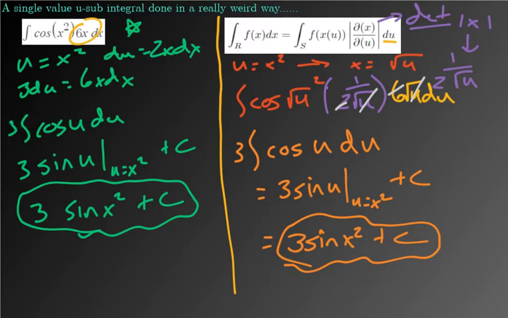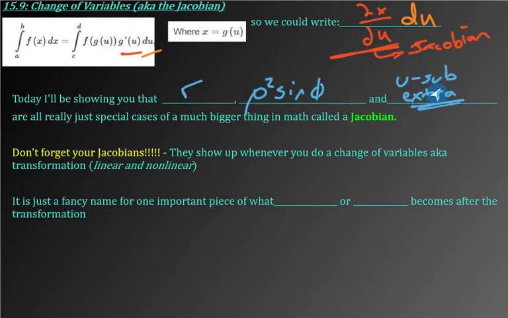So anytime in U sub, to make this substitution work out nicely, you sometimes have to modify and add in something. That thing that you're adding is the Jacobian. So all those things are Jacobians, okay?